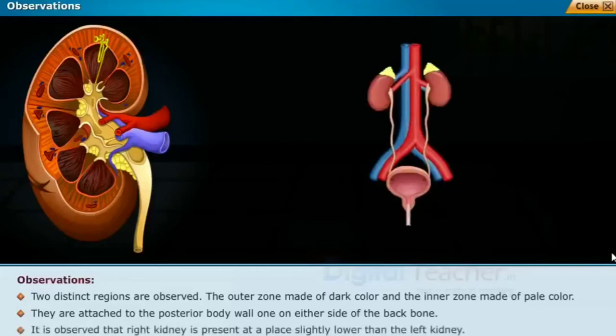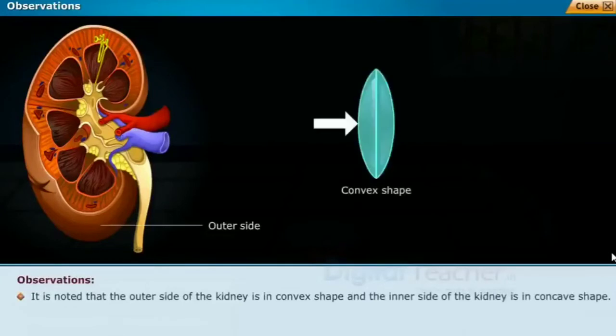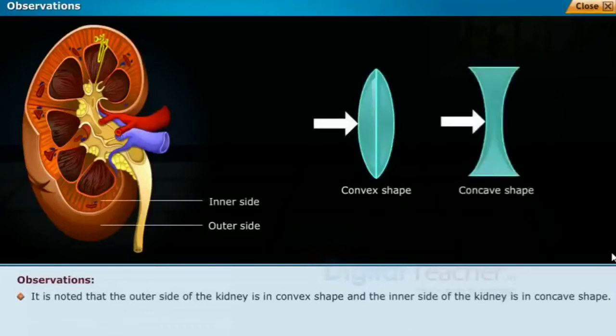The right kidney is slightly lower than the left kidney. The length of the kidney is 10 centimeters, breadth is 5 to 6 centimeters, and thickness is 4 centimeters. The outer side of the kidney is convex and the inner side is concave.